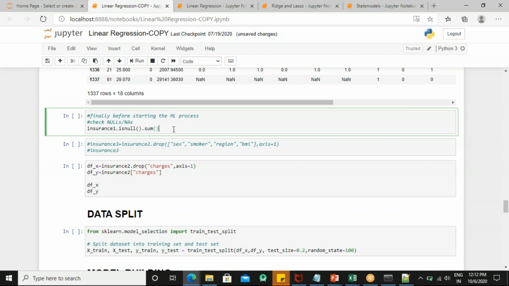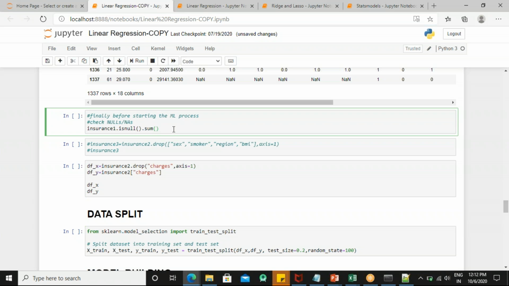Another important thing is, whenever you do any data handling, make sure at the end you also check for nulls, because sometimes I have seen that if you do scaling or some other kind of data pre-processing, some nulls get introduced in the data, maybe because of some calculations and formulae.